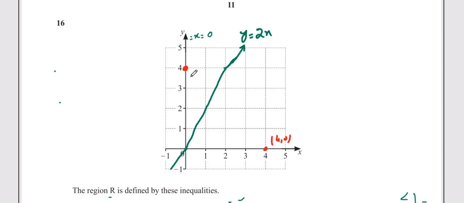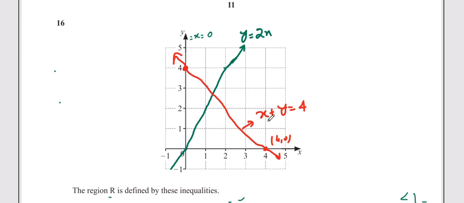We have, so this is x plus y equal to 4.